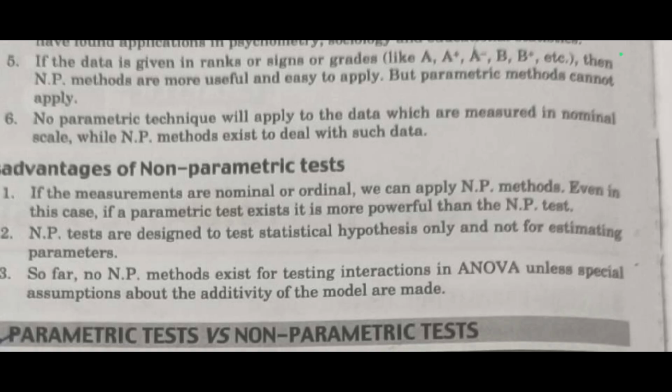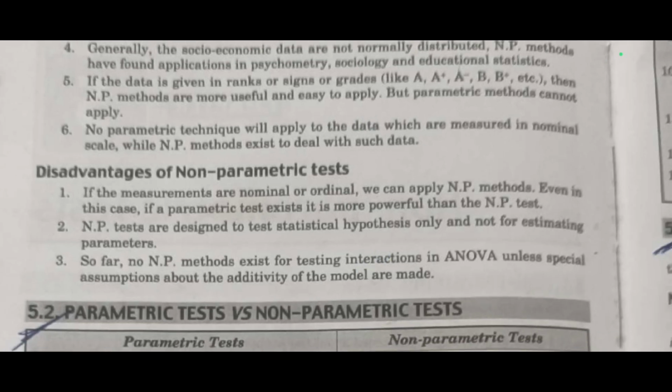So far, no non-parametric methods exist for testing interaction in ANOVA unless special assumptions about additivity of the model are made. So these are some disadvantages.